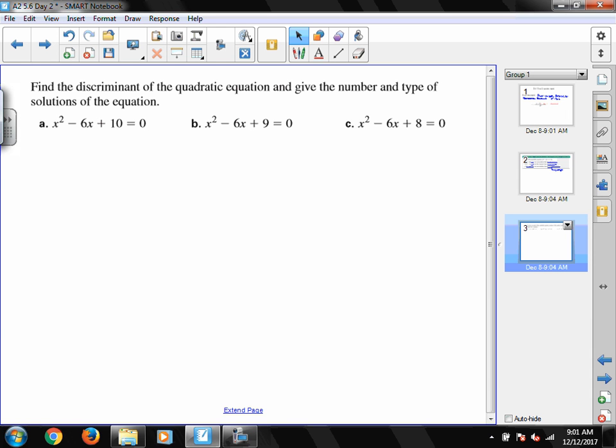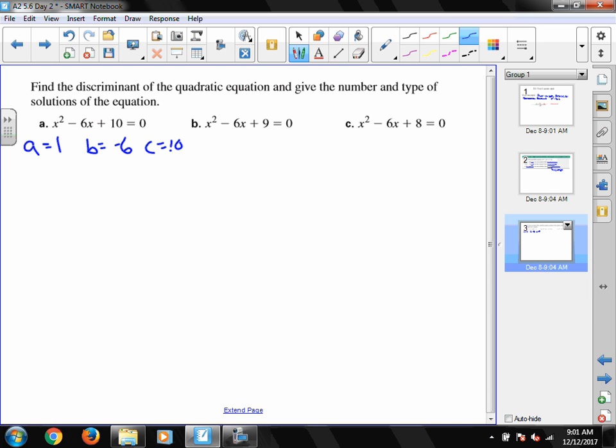So we're going to find the discriminant of each quadratic equation, and we're going to use that to tell us how many solutions we're going to have and what types of solutions we're going to have, whether they're going to be real or complex. So if we look at A, I do this with the discriminant as well. I list these out. A is 1, B is going to be -6 and C is going to be 10.